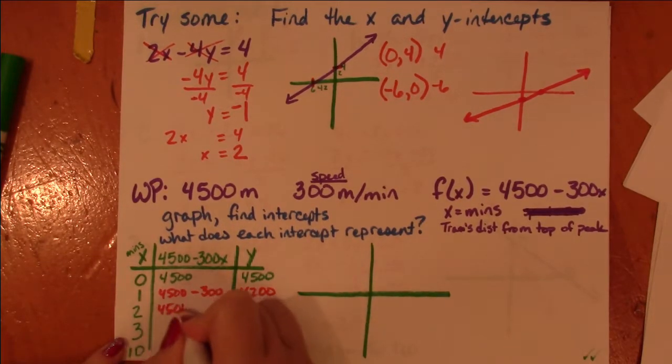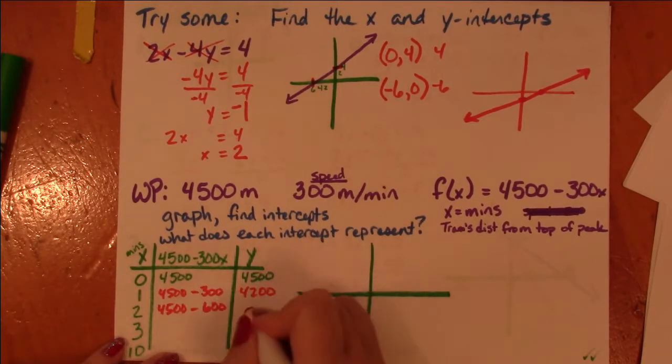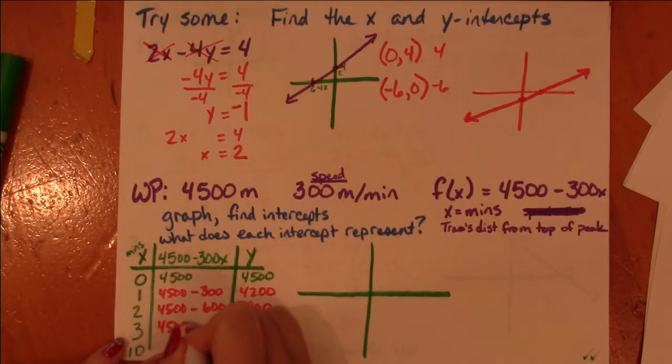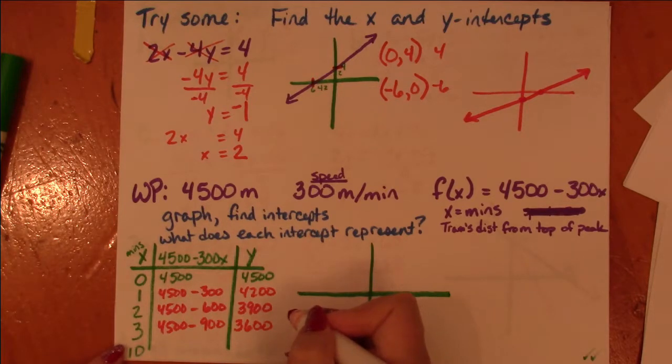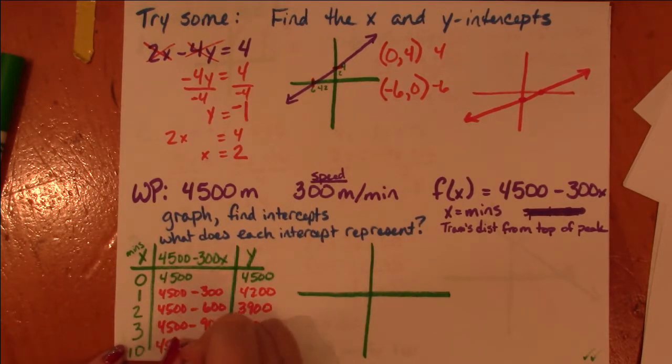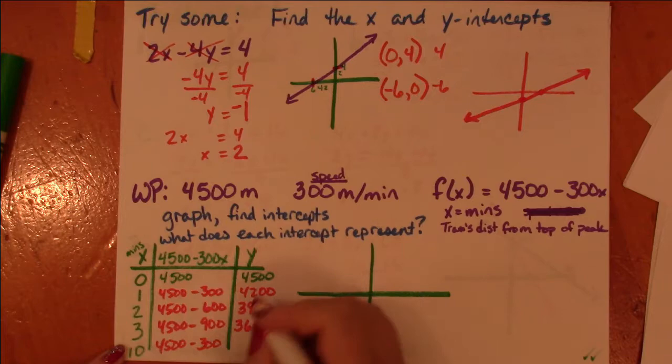If I'm 4,500 minus 600, that's 3,900 from the peak. And if I'm 4,500 minus 900, that's 3,600 from the peak. And 4,500 minus 3,000, just to throw another number in there, is 1,500.